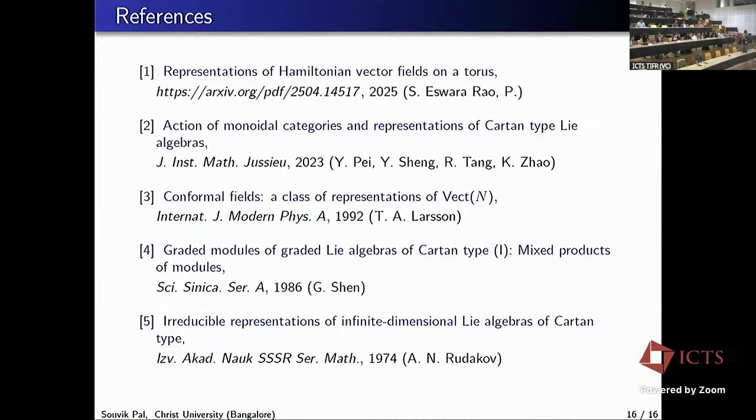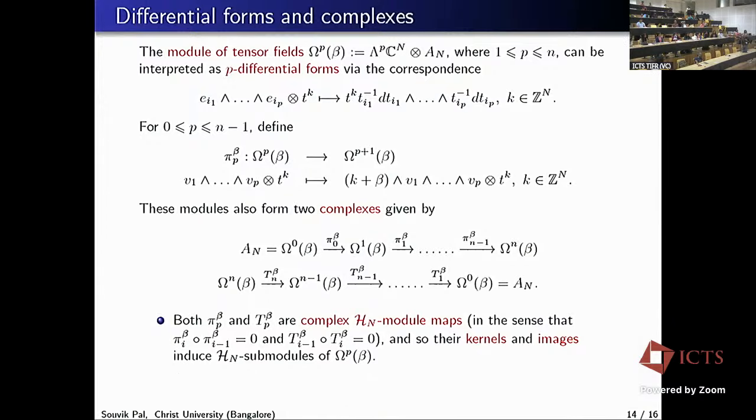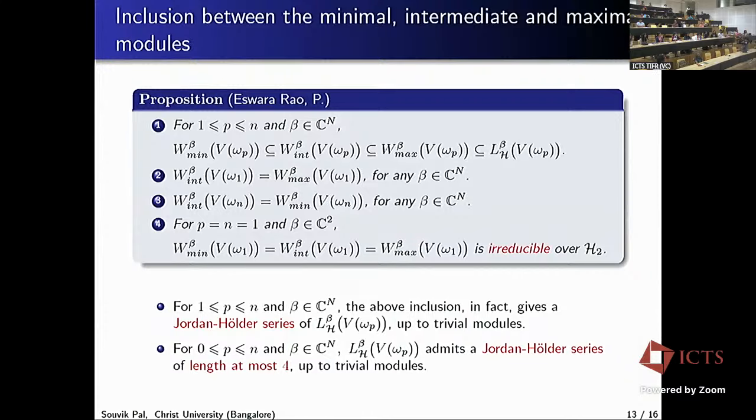Could you please go back to slide number 14 about the sequence of containment? Maybe one more. Yes. So having this chain of containments of indecomposable modules that you have, particularly with the observation that max and min may coincide.